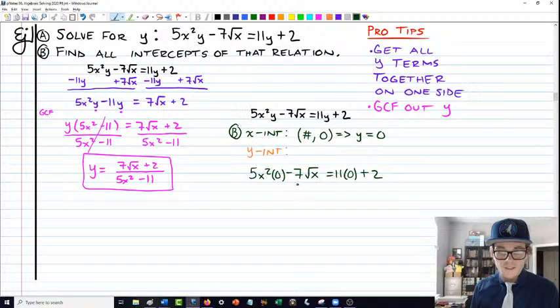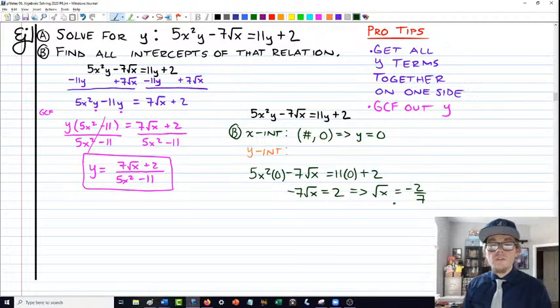Now we can simplify and see what our equation turns out to say. This is going to be minus 7 root x is equal to 2. And then if I divide both sides by negative 7, that's going to give me that the square root of x is equal to negative 2 over 7. So interestingly enough, we have the square root of x equals a negative number. And unfortunately, this is a positive square root, so a positive square root is not going to equal that negative number.